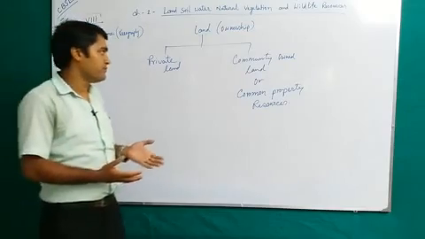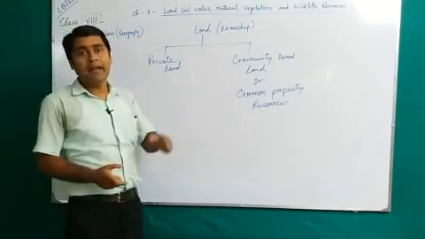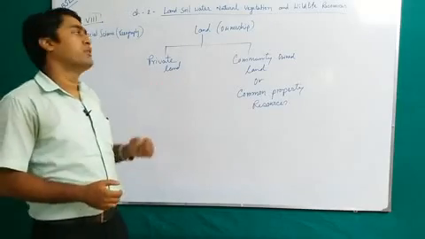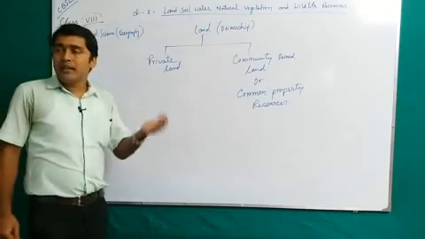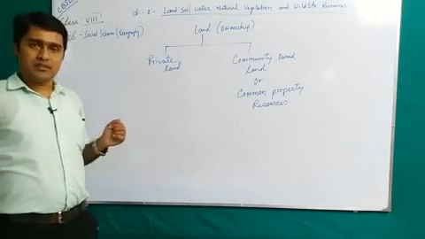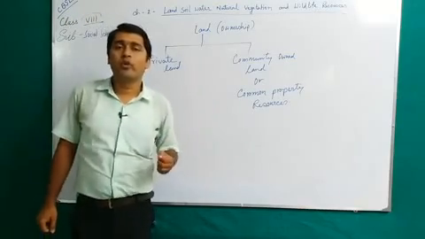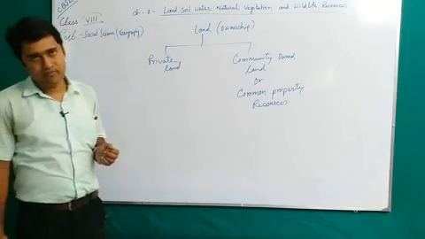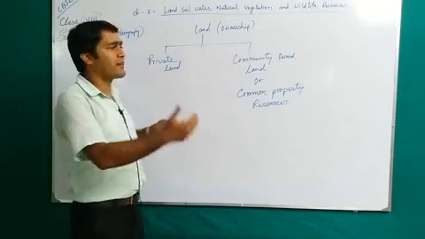So land use differs from place to place, and the quality of land also differs from one place to another. Generally, in rural areas the main land use is growing crops, agricultural land. But in urban places the land use pattern is different.